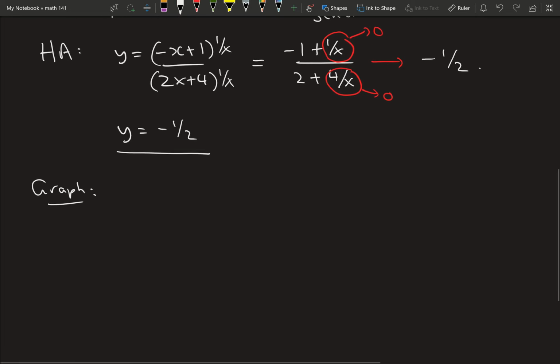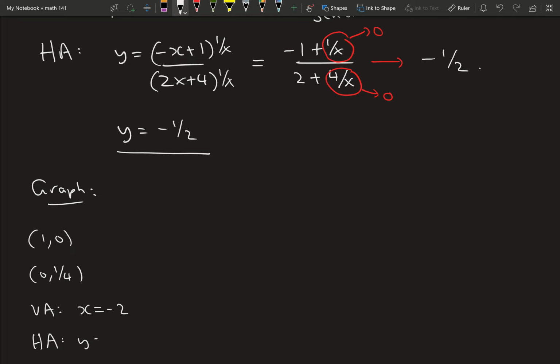So let me just summarize here. There was a point (1, 0), (0, 1/4). We had a vertical asymptote, x equals minus 2, horizontal asymptote of negative 1/2. And so we go ahead and graph this. What do we get? Well, we have (1, 0) here.